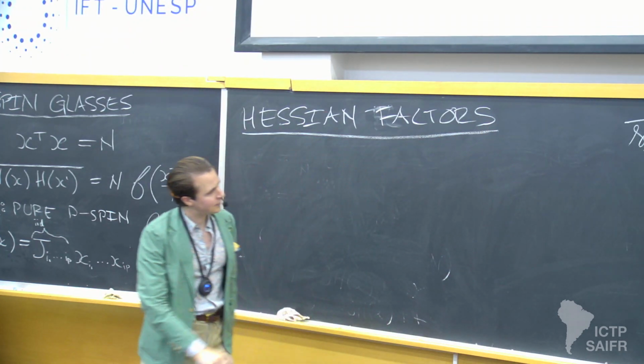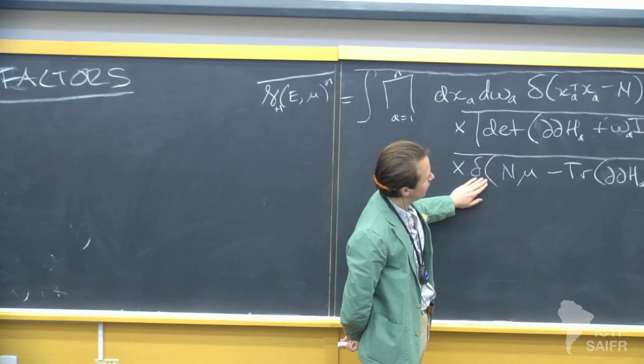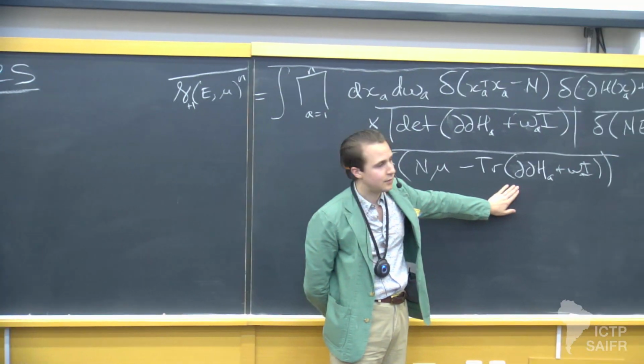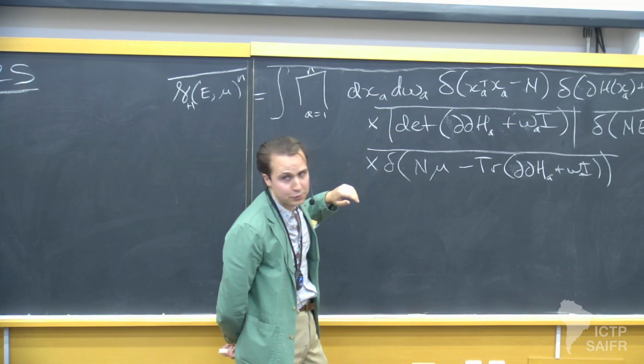So these contain this delta function of the trace multiplied by this absolute value of the gradient.